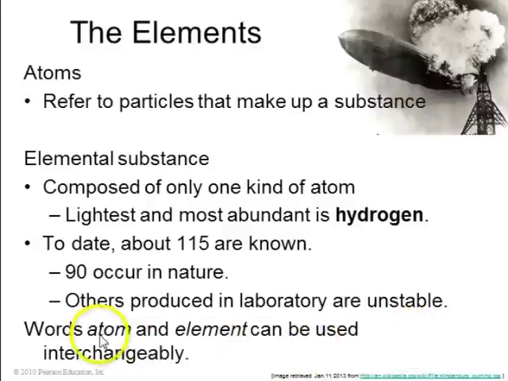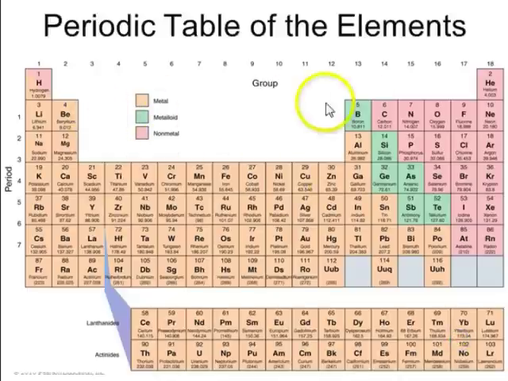And often the words atom and element are used interchangeably. Here is the periodic table of the elements listing all those 115 different kinds of atoms. There's potassium, gold is on here somewhere, there it is, Au, silver. All of these are elements.